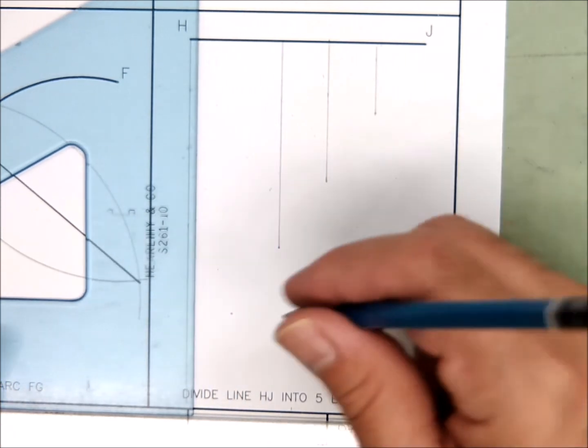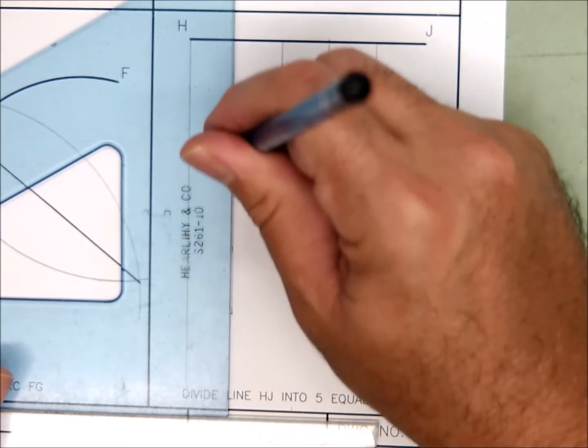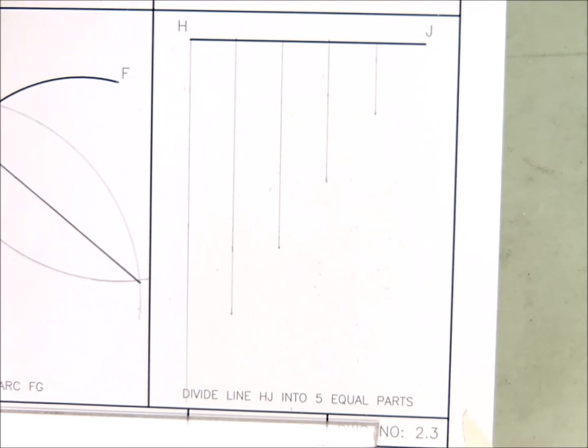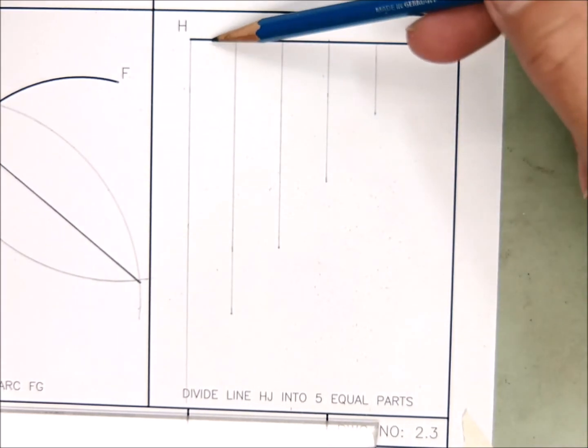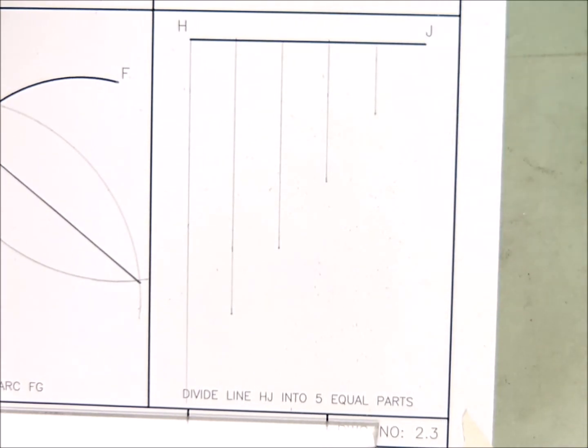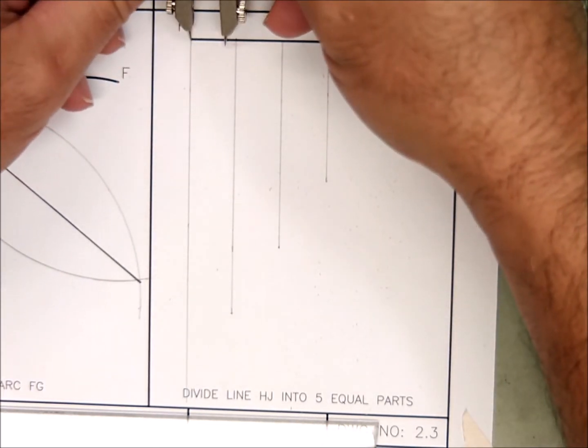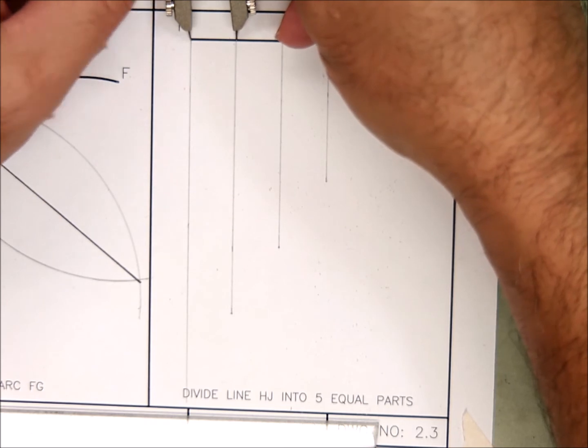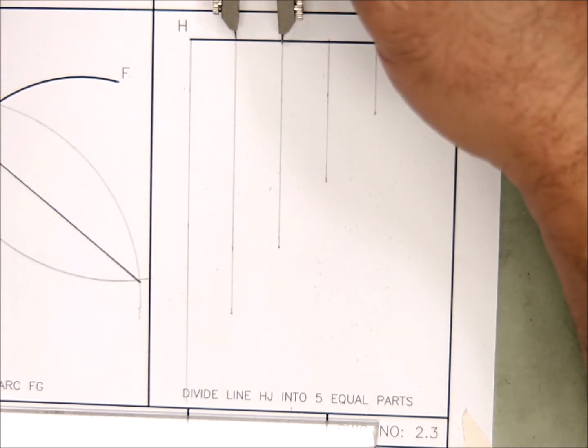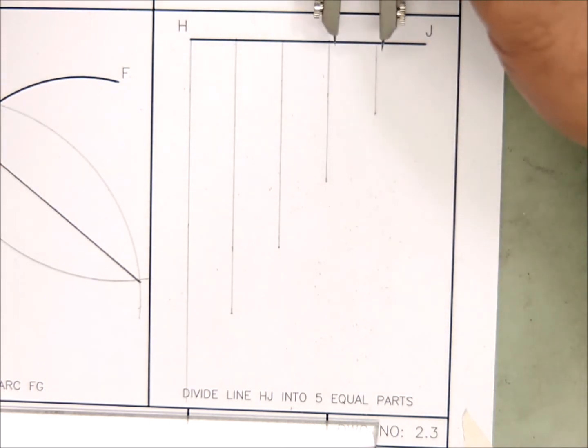And we'll go over to our fourth dot, and lightly draw a line up. 1, 2, 3, 4, 5. And if we want to examine to make sure what we did was accurate, you can take your dividers and work your way down that line, and every one of those spaces should be exactly the same.